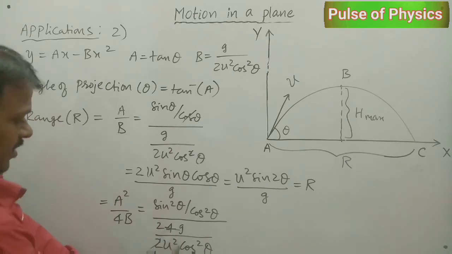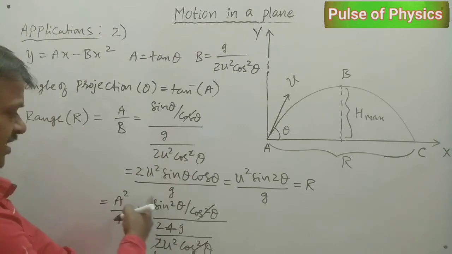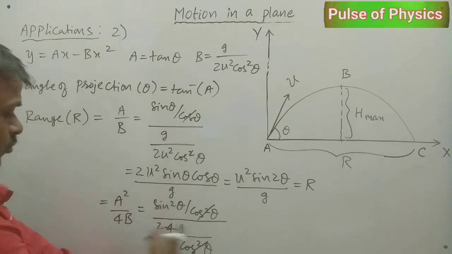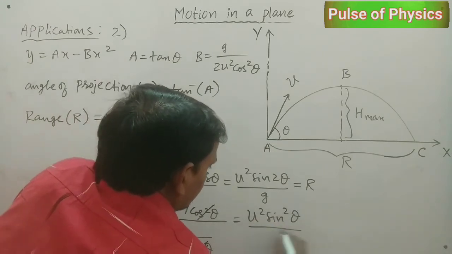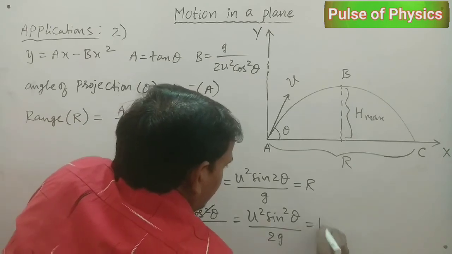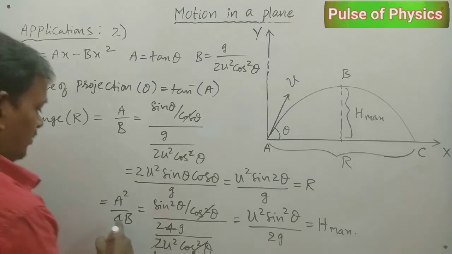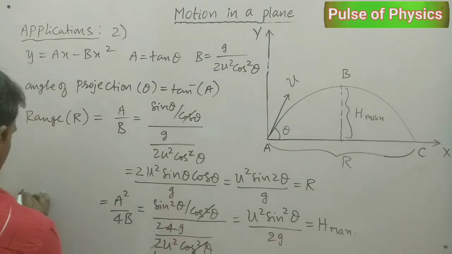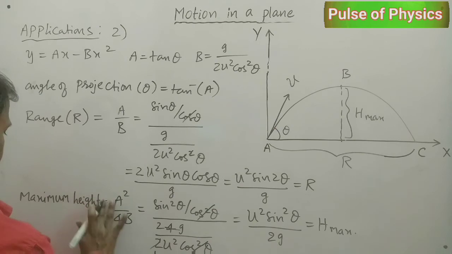Next, what it gives? Cos square theta cancels. u square sin square theta by 2g. It is giving H maximum. A square by 4B is H maximum. So maximum height H max is A square by 4B.